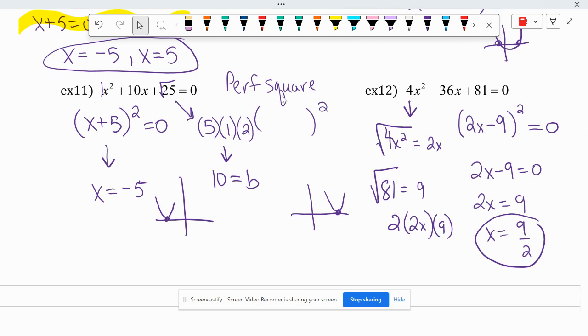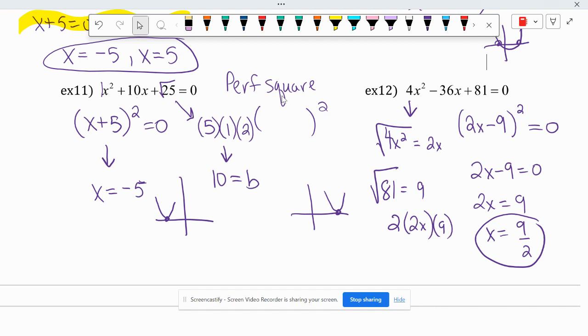Okay. So here's where we start to put it all together. Let's talk about all the methods that we've learned. Number 1, whenever I'm factoring, the first thing I should always look for is a GCF. Number 2, if there are 4 terms, I should do what?